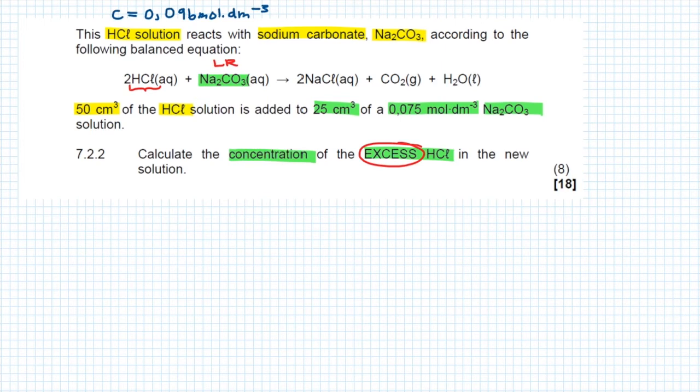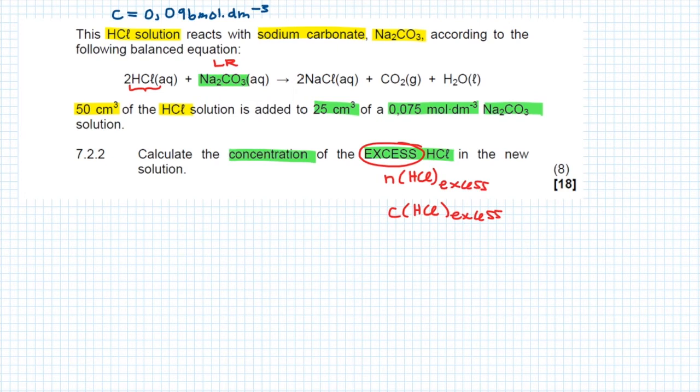So if we're looking for the excess hydrochloric acid, we're trying to find out firstly how many moles of hydrochloric acid did not react and is therefore in excess. Once we know the number of moles of hydrochloric acid that is in excess, we can use it to calculate the concentration of the hydrochloric acid that is in excess.